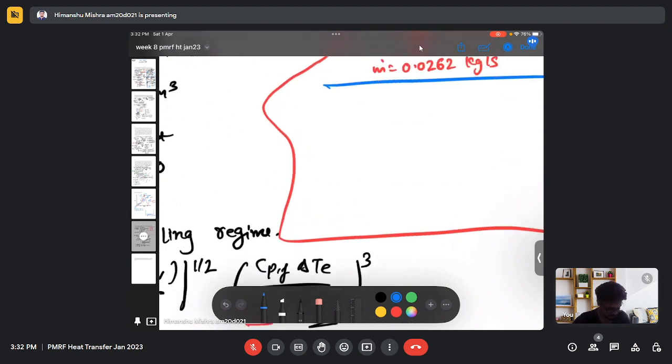So for this, we will use the correlation. We already have a correlation for maximum heat transfer, which is given as follows.